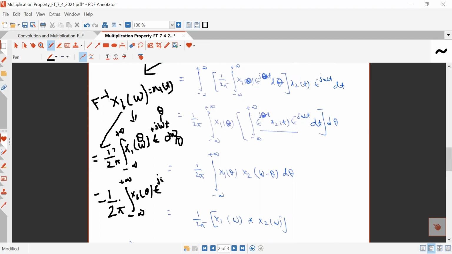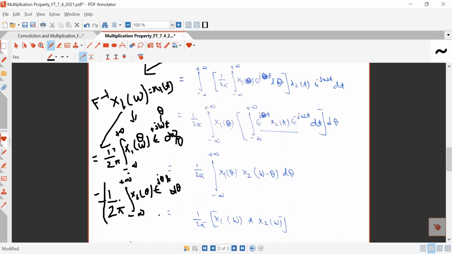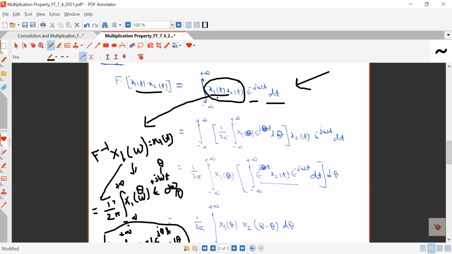In place of j omega t, you write j theta t, and in place of d omega, you write d theta. This is the property of integration; you can replace the term. So basically 1 by 2 pi integral of X1 theta e to the power j theta t d theta is x1t, so in place of x1t you can write this.